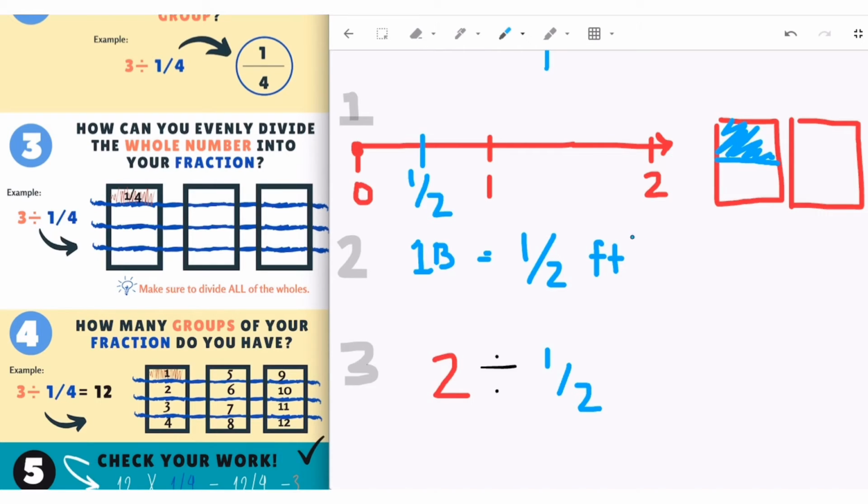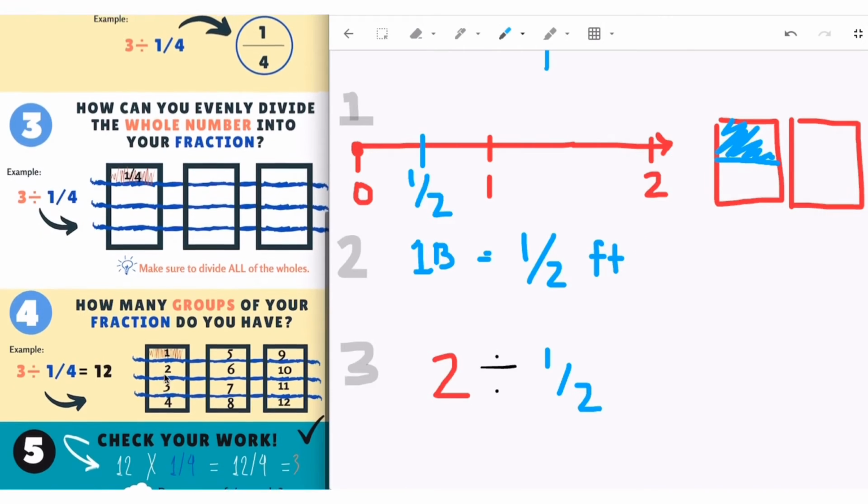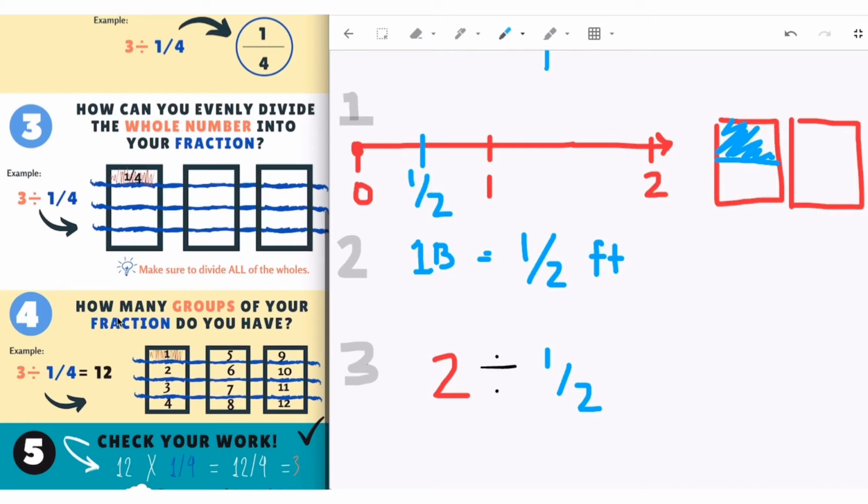So now I'm thinking to myself, step number 4. How many groups of your fraction do I have? So if I make my first bracelet, I'm using this part of my string. How many more bracelets can I make if I'm using this part of my string to make 1?